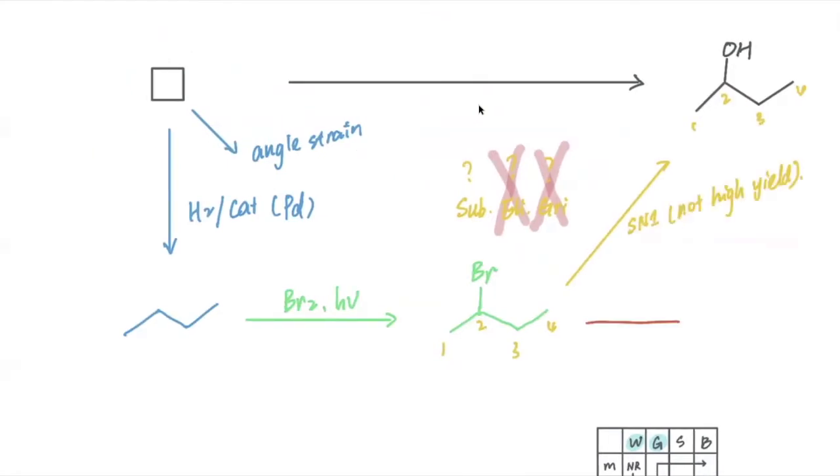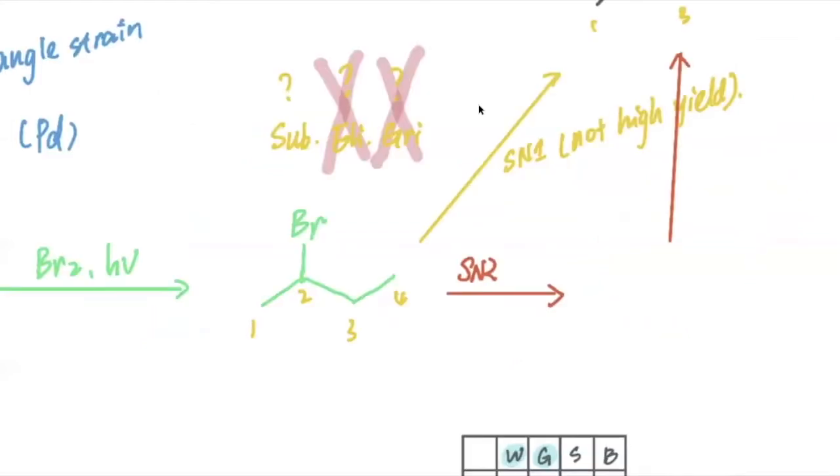What we are going to do is an SN2. You can use any nucleophile or good leaving group as you want. It doesn't have to be the same as the answer key. I'm just writing one of the possible routes here. There is more than one way to do that.